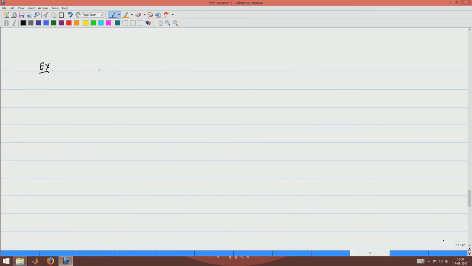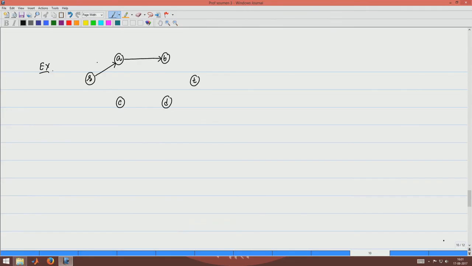We considered this network, and at that point of time I said that this is just a flow and the flow value is 2. We could not comment on whether that flow is the maximum flow or not. Let us see, this is the example taken from the first lecture on network flow.